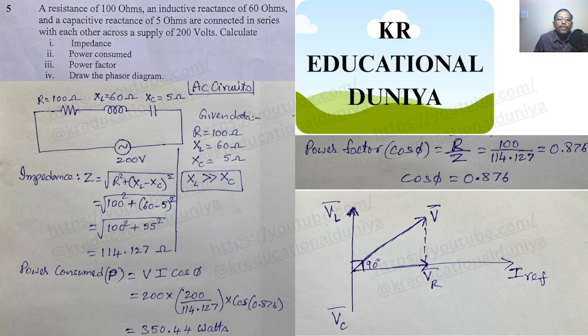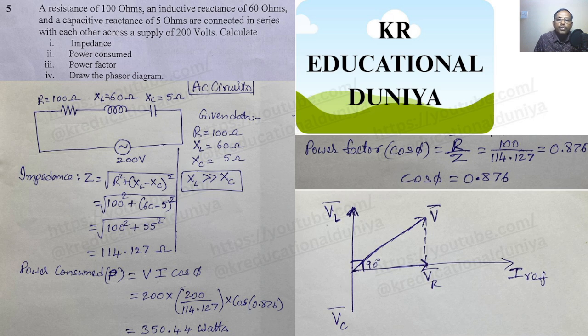How are you going to find the phi value? Just by putting tan inverse of XL by R. If you put tan inverse of XL by R, you are going to get the phi value. Next, VI cos phi gives 350.44 watts.